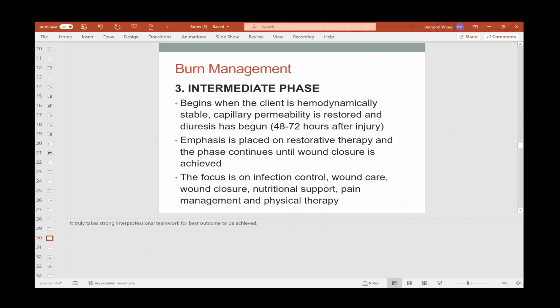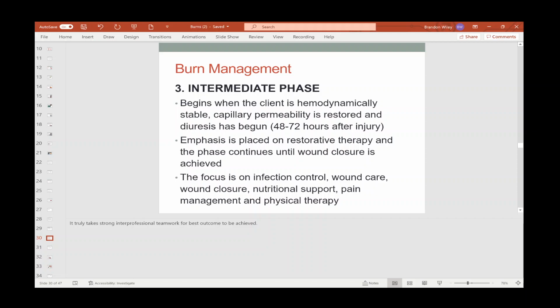They're starting to diurese all that fluid we just put in, so their kidneys are working. We're hemodynamically stable. Now let's focus on wound care. Now the fun begins. Wound care, wound closure, infection control, nutrition support, so important right here, pain management and physical therapy.